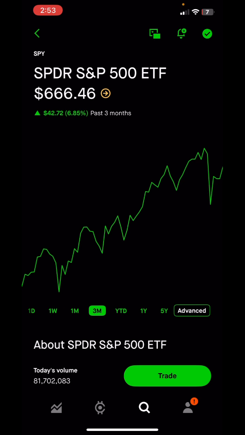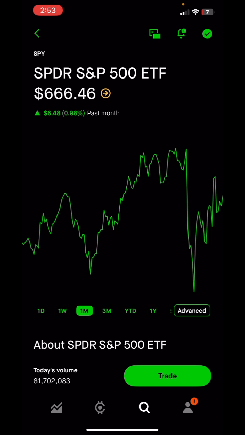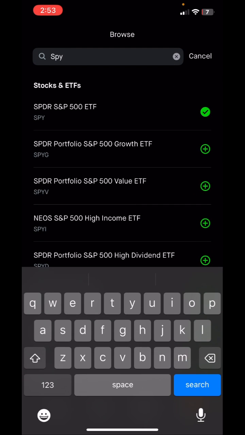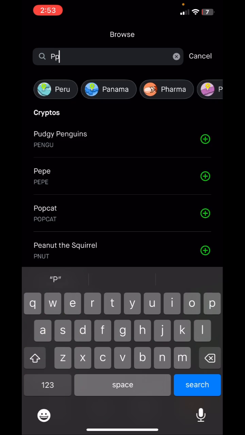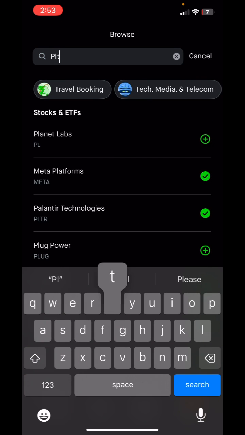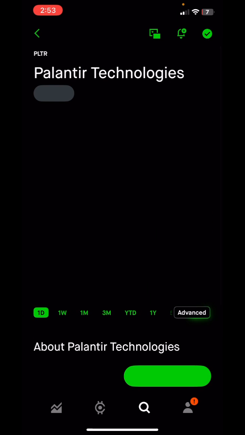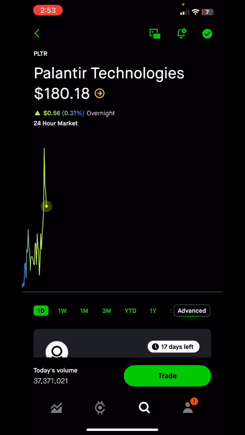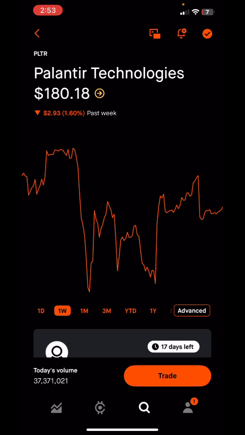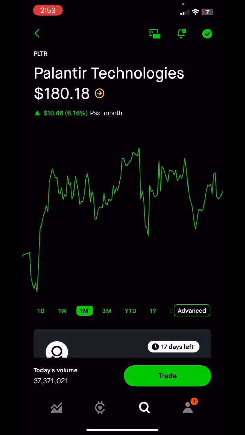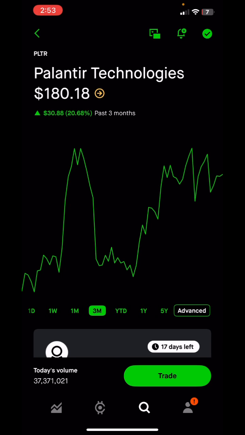And all you got to do is really just let the time take its course, because what we're seeing is over a week, $3 move, $2.93. Just a $3 move. Over a month, $10 move. Over 3 months, $30 move.